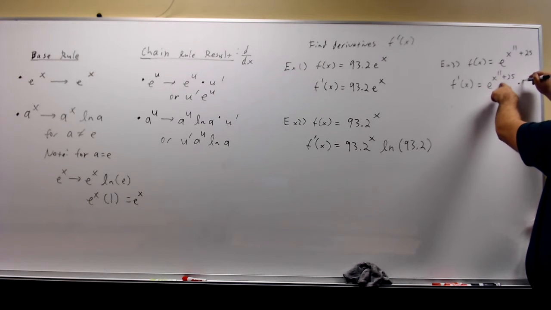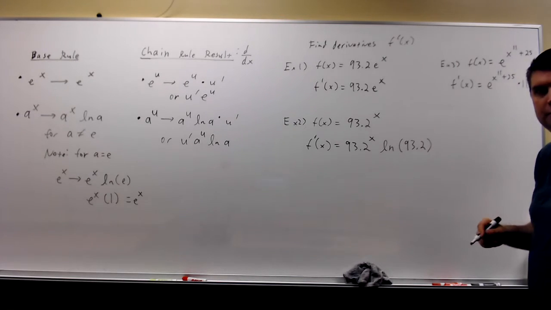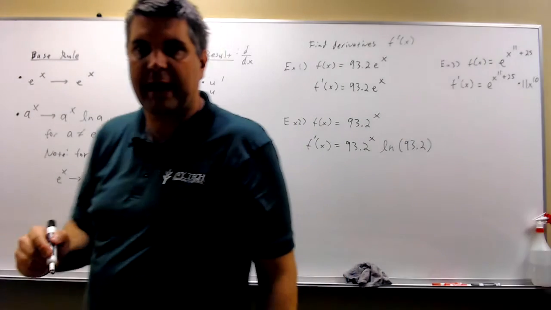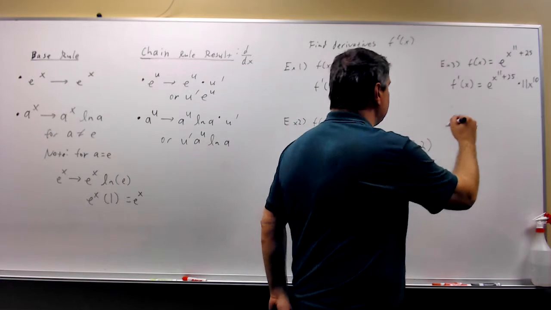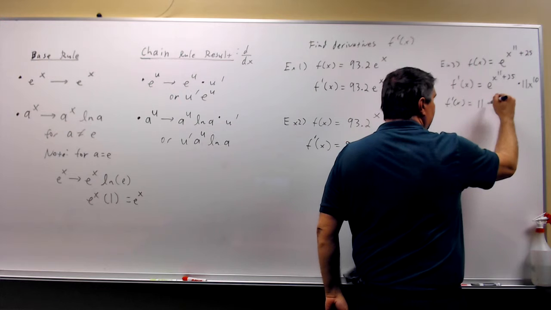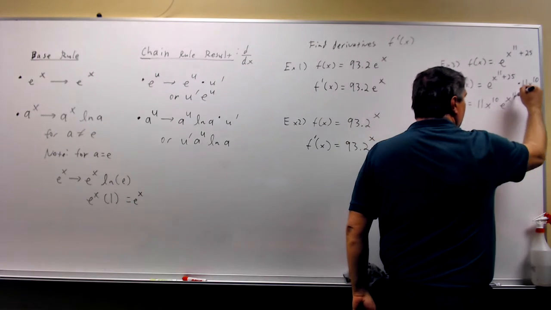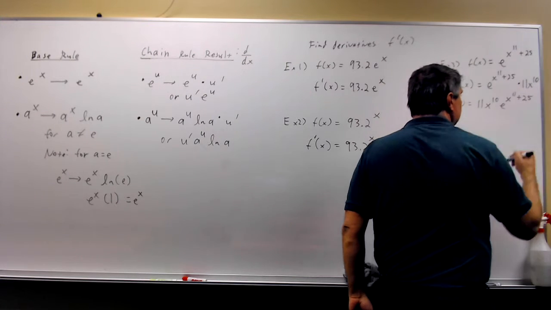So that'd be 11 x to the 10th. Okay, so f prime of x would ultimately equal 11 x to the 10th times e, and then the original exponent would stay as is.